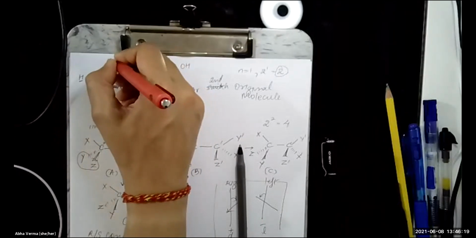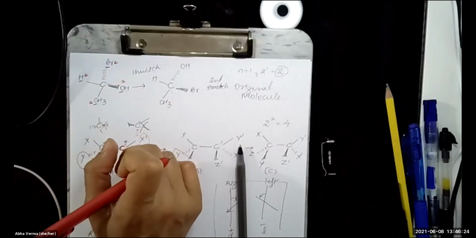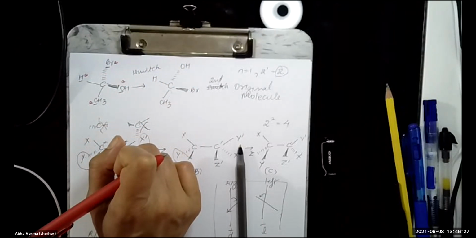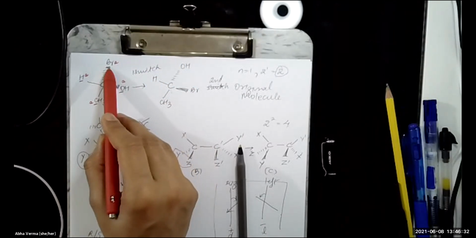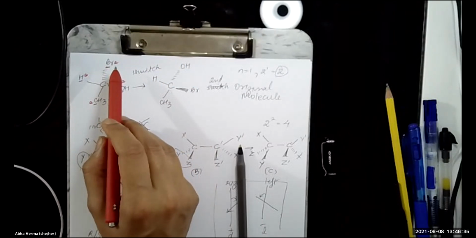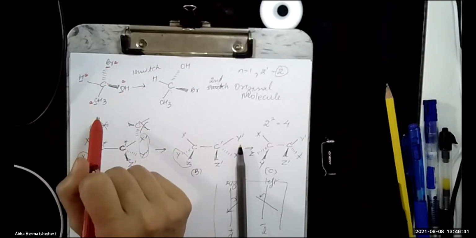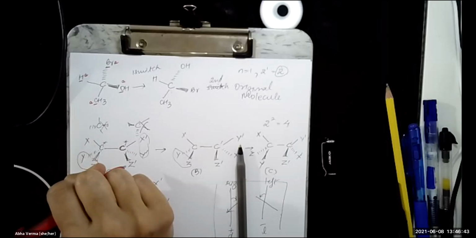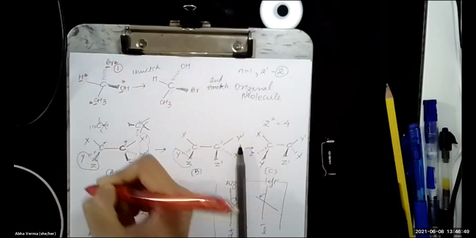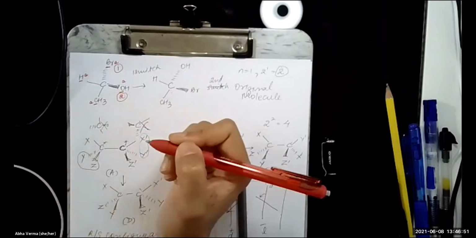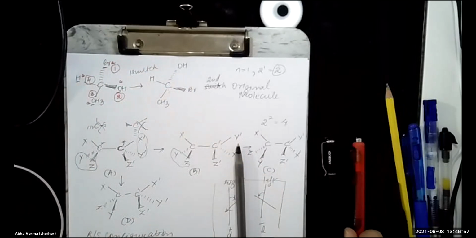I'm going to label them as atom A. When I look at atom A's in my periodic table, I see that out of all of these atoms, bromine has the highest atomic number, followed by oxygen, followed by carbon, followed by hydrogen. So highest atomic number is bromine. I'm going to label this group as number 1. This is my second priority. This is my third priority. This is my fourth priority.